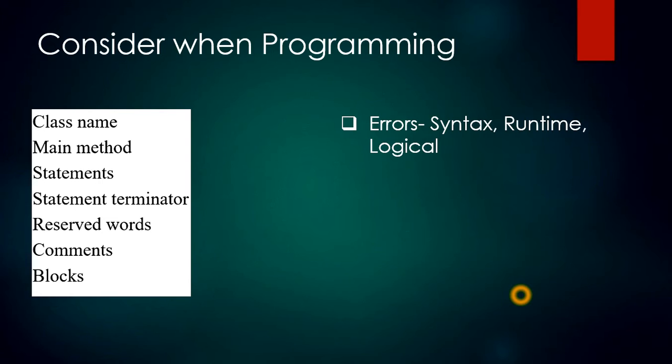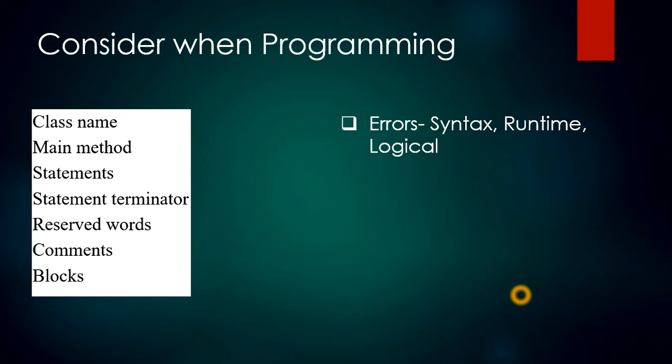Your main method. You're going to use your main method every time, just like your class name. Your program is executed in your main method, and you're going to have your statements. They're actually what makes your program run.